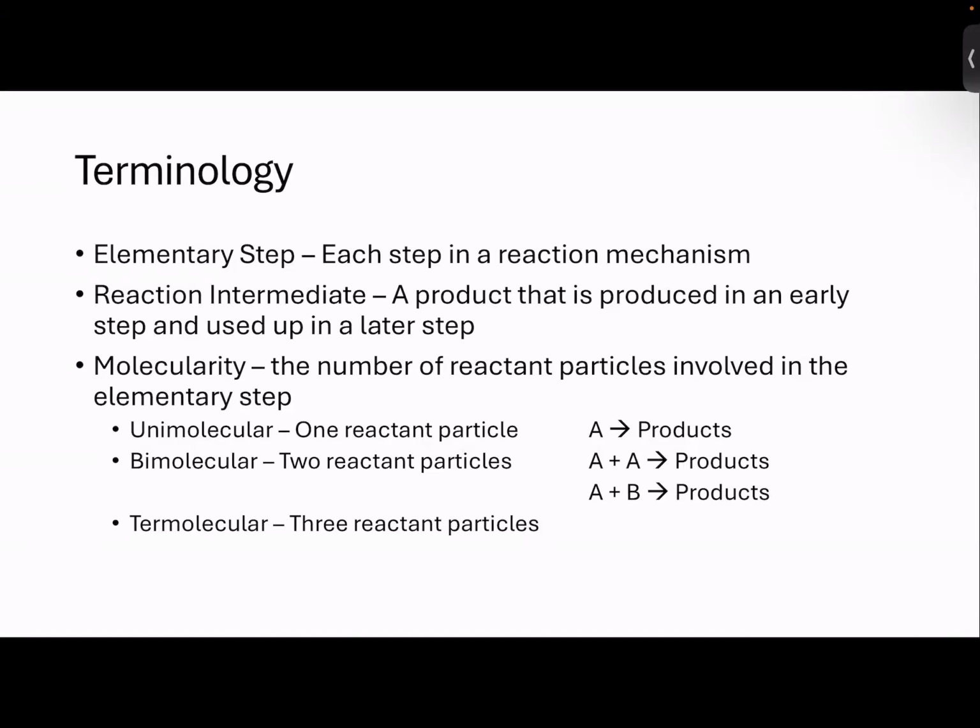So again, when you have that series of chemical steps in a reaction mechanism, those individual chemical steps are called elementary steps. When you have something that is made in an early reaction that is later used up in a reaction, that is the intermediate.